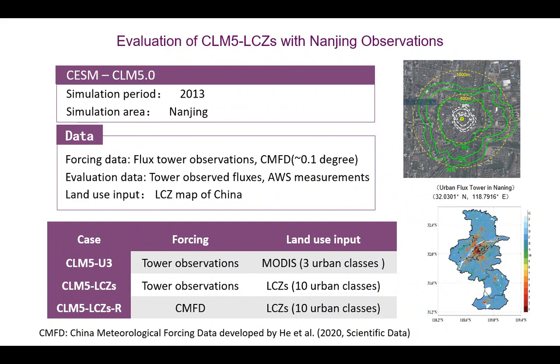For the third case, we changed the forcing data to a regional forcing dataset developed by Tsinghua University, called the Chinese Meteorological Forcing Data. It's widely used for offline land surface model runs in China, and the data resolution is 0.1 degree.